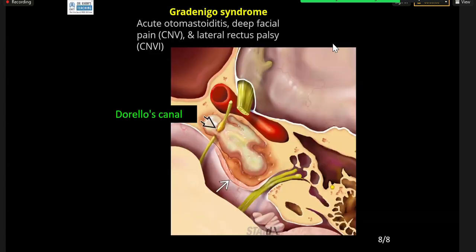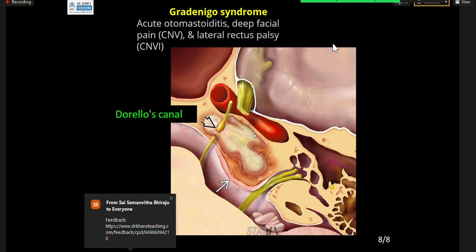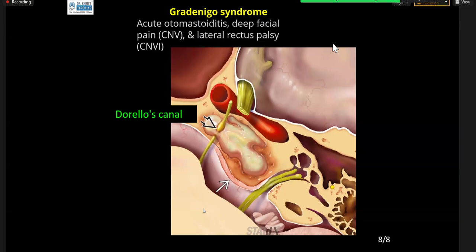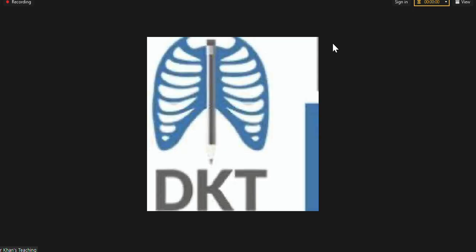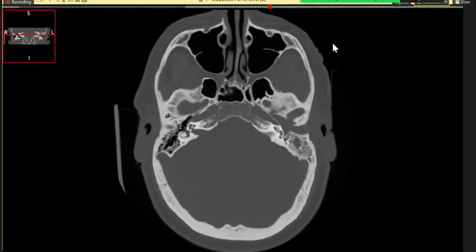This picture tells you what happens: this is the Dorello canal and there can be infection. So the petrous apex is sitting here, and both the bones are next to each other, and that is why this will be a question in the exam, which foramen does it pass, and it doesn't pass through the petrous temporal bone.